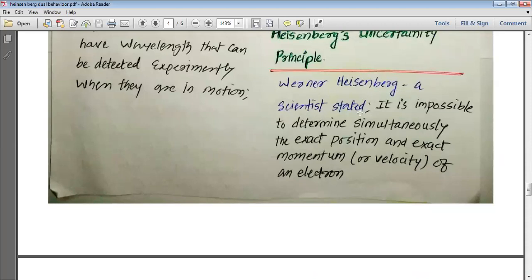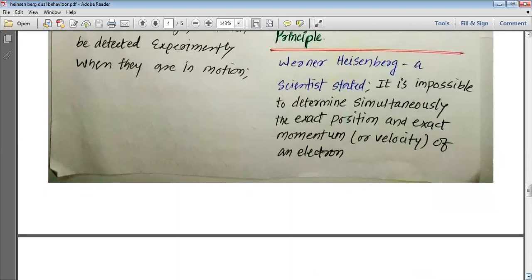Werner Heisenberg was a scientist. He stated that it is impossible to determine simultaneously, simultaneously means at the same time, the exact position and exact momentum, where momentum is p, and p is equal to m into v, of an electron.